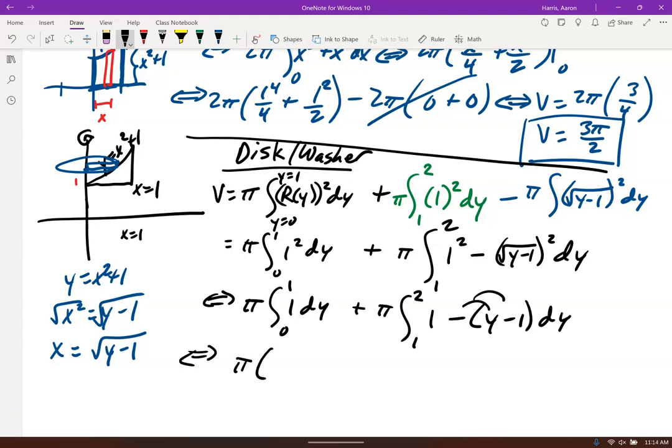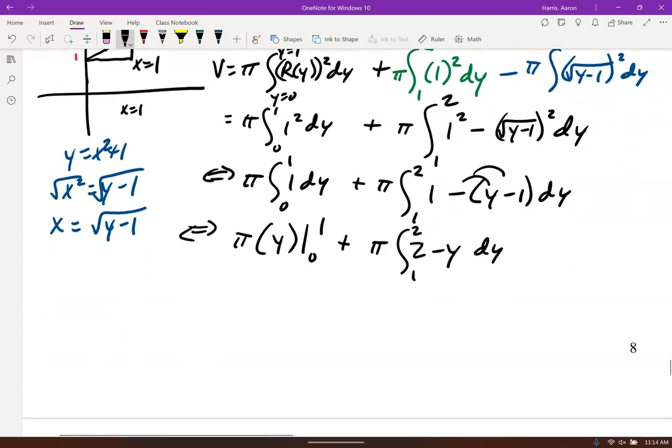Let's go ahead and integrate that. So that'd be y from 0 to 1, plus pi, and I've got 1 minus y plus 1. So I have 2 minus y on this one that I'm going to integrate from 1 to 2.